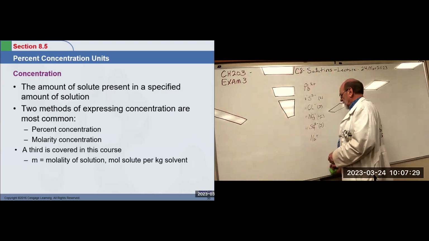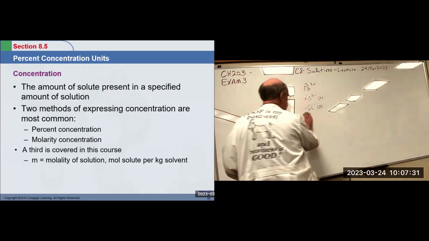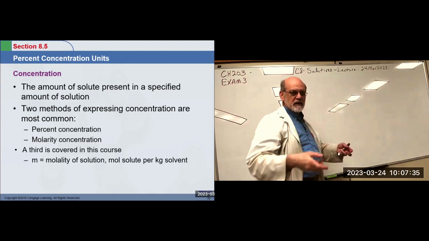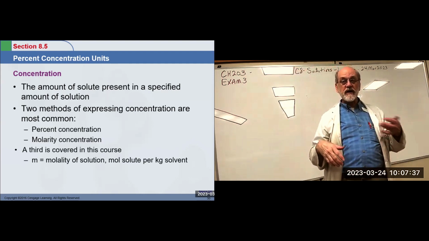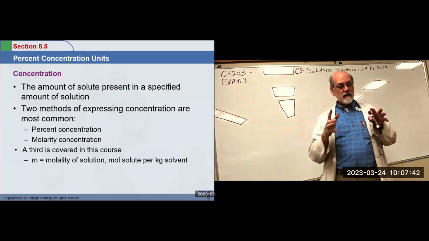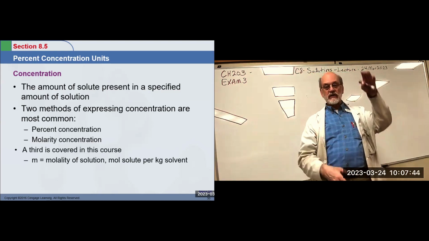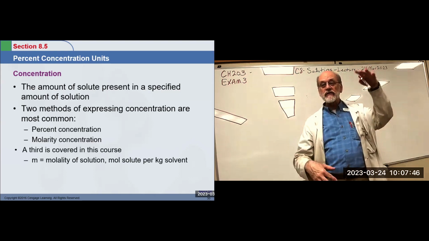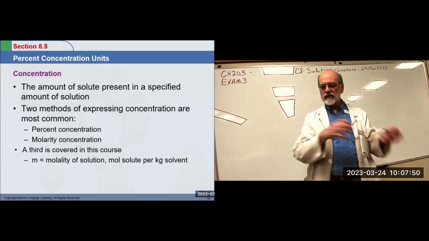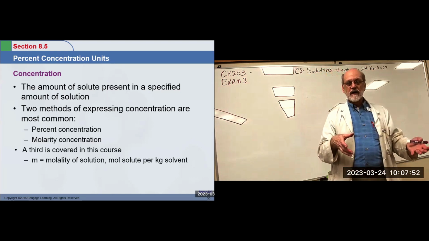Now, when you form a solution, assuming your compound goes into solution, we want a way to express the concentration, because since this is a mixture, the composition can change. We can have a lot of solute or only a little bit of solute. But just saying it's concentrated or dilute doesn't help us much.